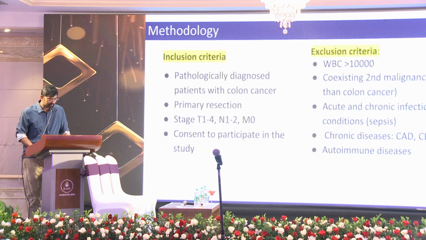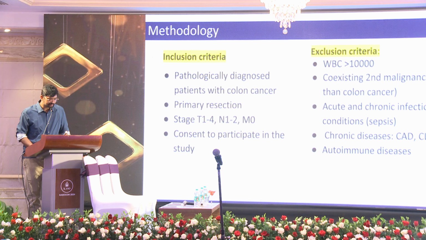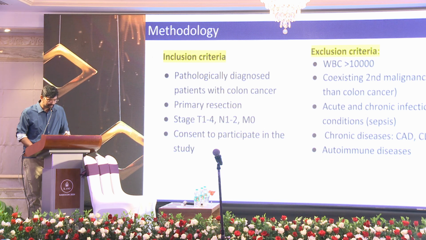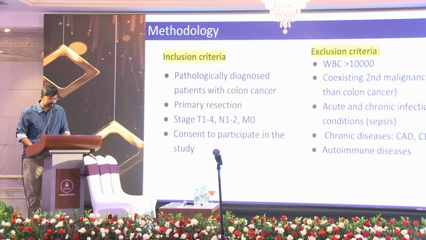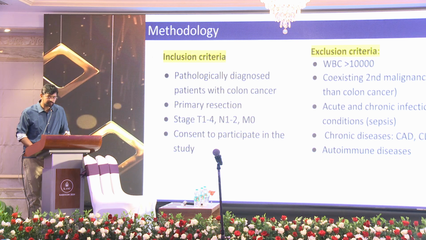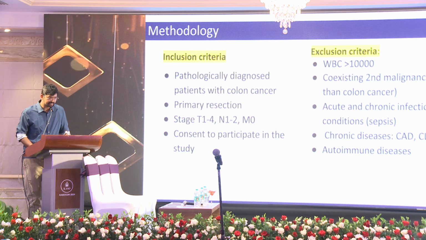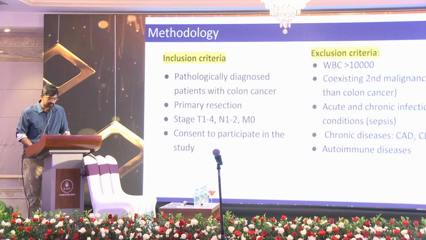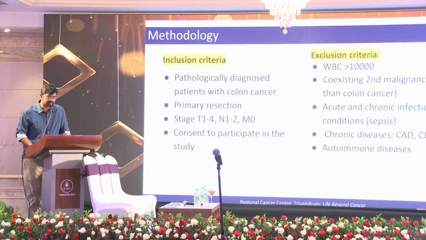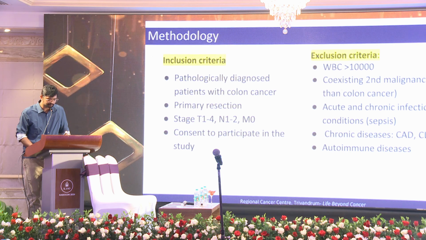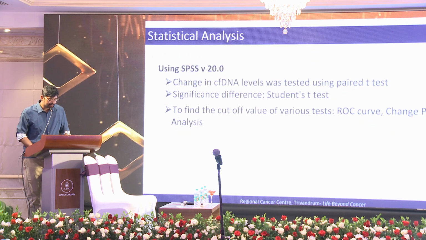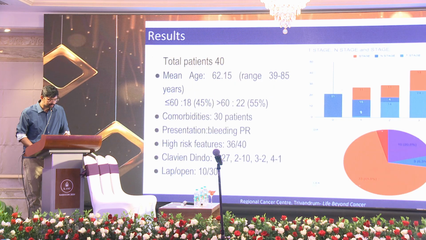I included non-metastatic colonic cancer patients who were undergoing primary surgery, and we excluded patients who had a second malignancy or any chronic diseases like CAD, CLD, CKD, or any autoimmune diseases, because all these factors will affect the level of cfDNA in the patient. The statistical analysis was done using SPSS version 20.